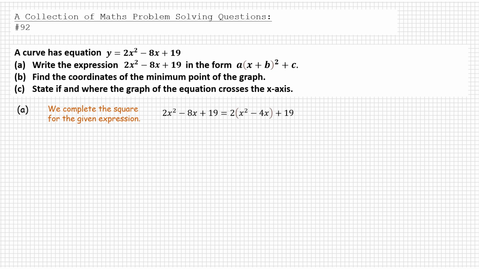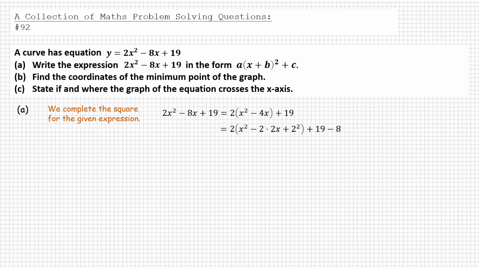Now this can be converted to a square expression, so this can be 2 times x squared minus 2 times 2x plus 2 squared, and then because you've added a term 2 squared, you need to subtract it again from 19, and that's what I've done.